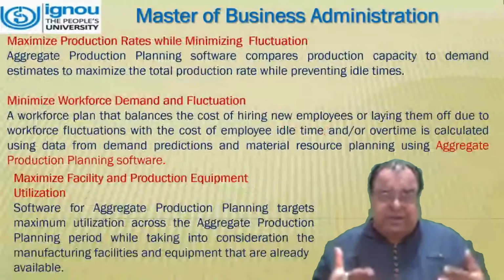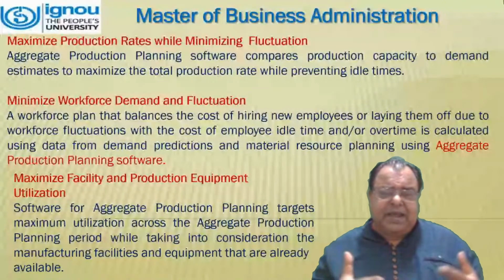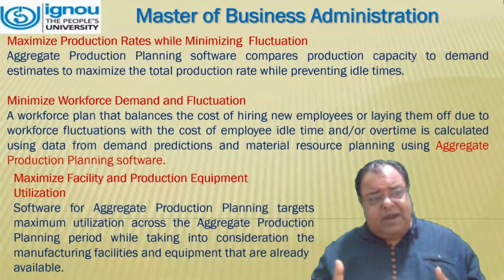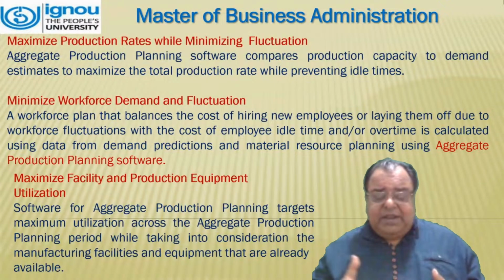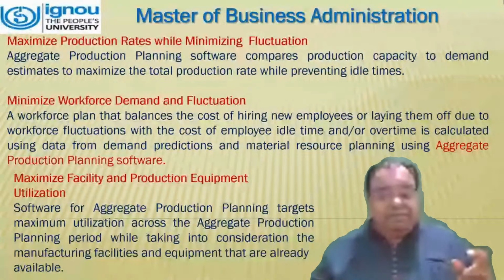Maximize production rates while minimizing fluctuation. Aggregate production planning software compares production capacity to demand estimates to maximize the total production rate while preventing idle times. And then comes minimized workforce demand and fluctuation.